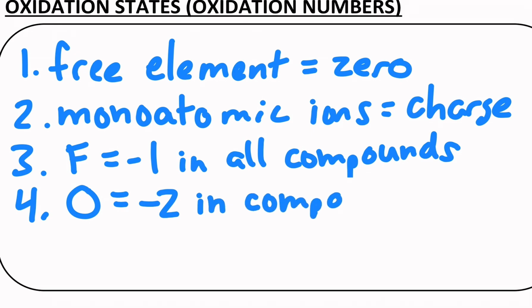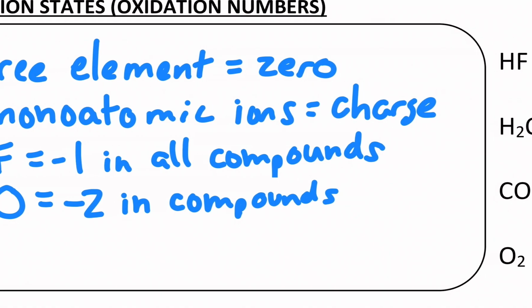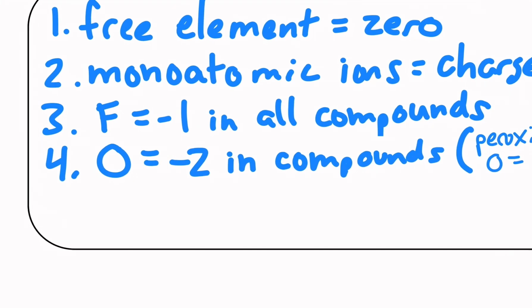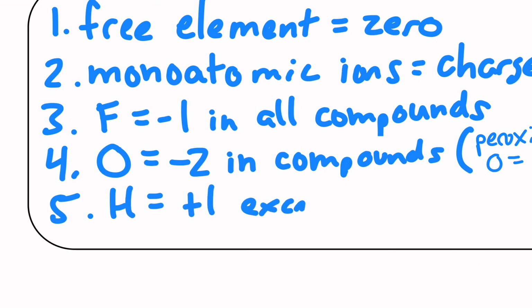In not all compounds, but I'll say in compounds, and put a little qualifier there, that peroxides, O is -1. That's the most common exception you will see to that rule. A peroxide is like H2O2. Rule 5, H is +1, except with metals.